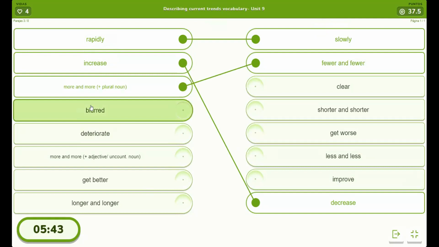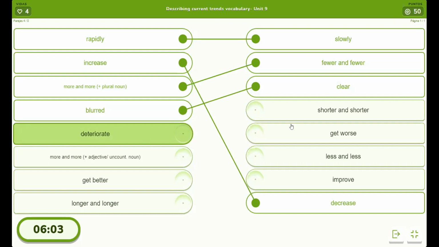Blurred. What is the opposite of blurred? Clear. It's clear. To deteriorate. Improve. It's to improve. Very good.